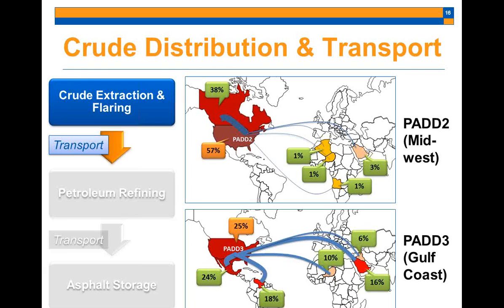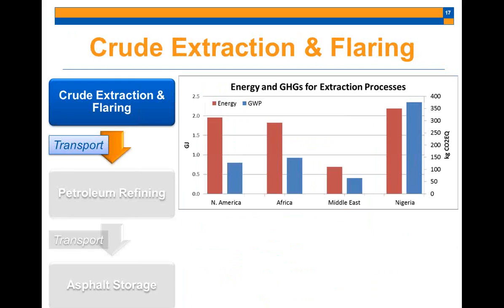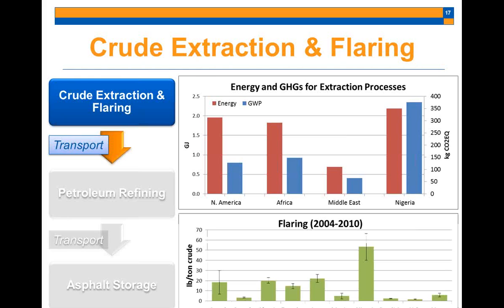So this will definitely contribute a lot to the different emissions and impacts depending on where the crude is coming from. And also to give you an idea of how extraction processes can also have different environmental impacts depending on the region, we have some data here from North America, Africa, the Mid East, and then Nigeria. You can see how the energy and global warming potential of the greenhouse gases are pretty different for each region.